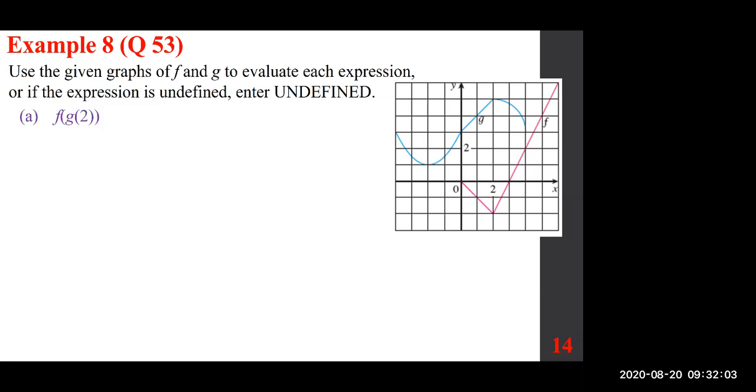And remember, the g function is the blue function, okay? So what is g of 2? So we locate this point. Let me use a different color. We locate this point. And this point has coordinates what? 2 and 5. So that means g of 2 is 5.